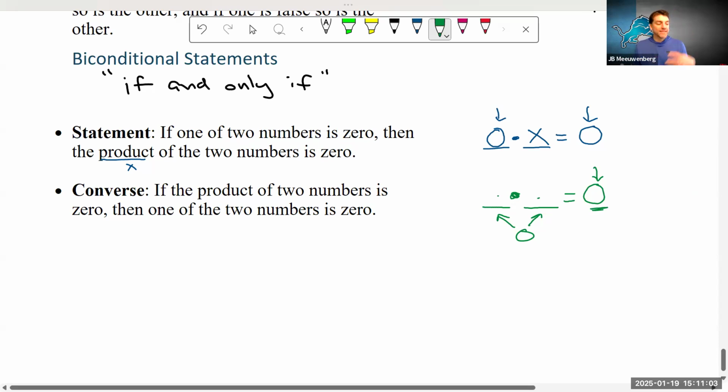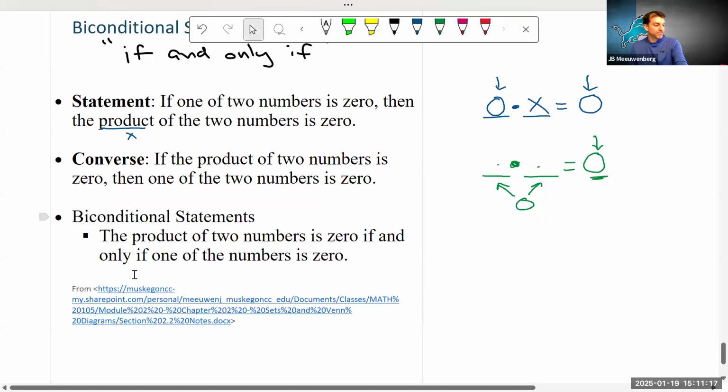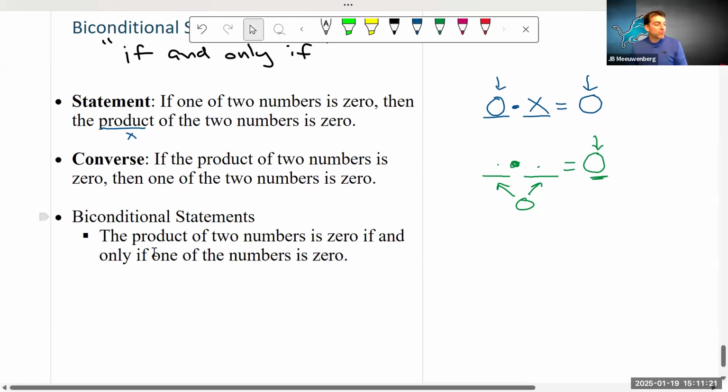So what we can do is combine those two statements together using the phrase if and only if. And you can do it in a couple different ways. One of them might look like this. The product of two numbers is 0 if and only if one of the numbers is 0.